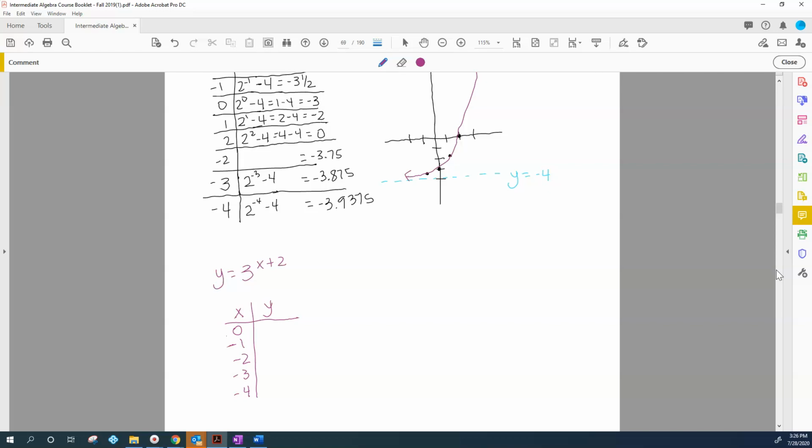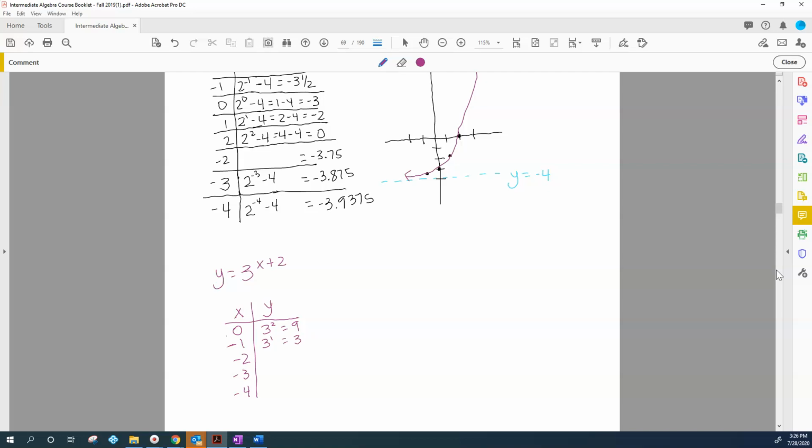Right? So when I put 0 in place of my x, 0 plus 2 is 2, so I'm really just doing 3 to the second power, which is 9. Then I'll put my negative 1 in next, 3 to the negative 1 plus 2 power would just be 3 to the first power, so it's going to give me 3.